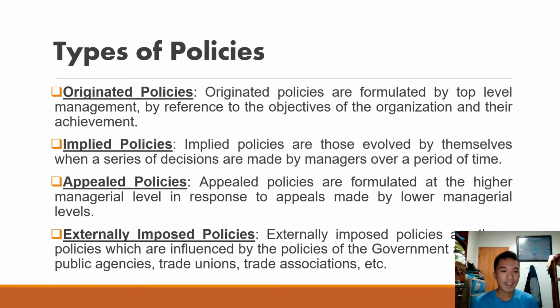Okay. Next is the externally imposed policies. It talks about the policies which are influenced by the policy of the government, public agencies, trade unions, and also trade associations. Okay?